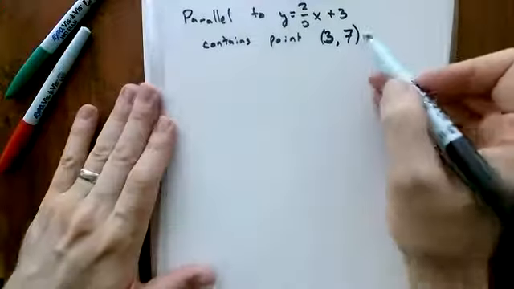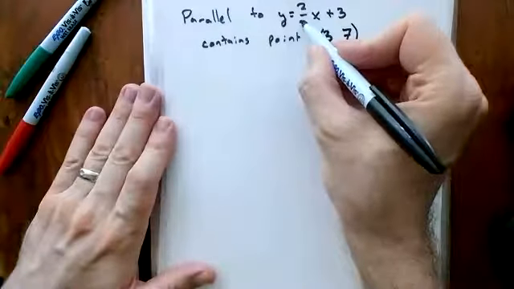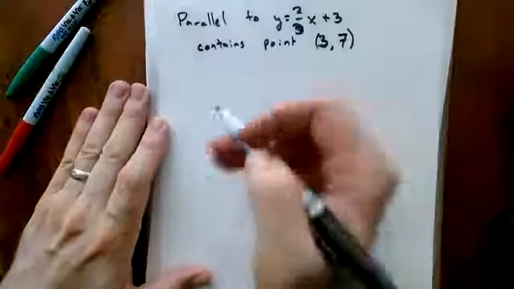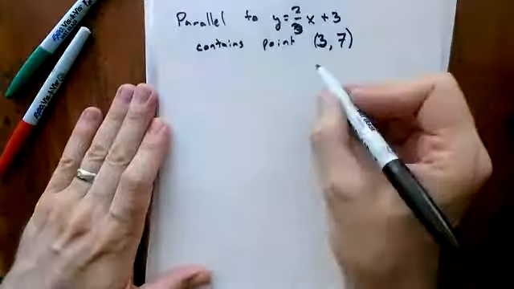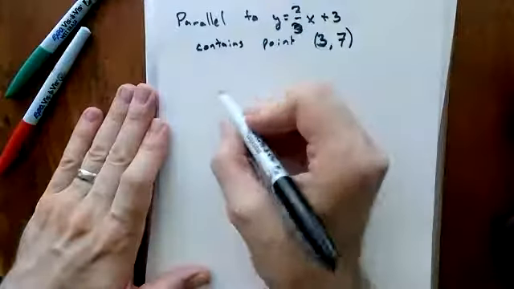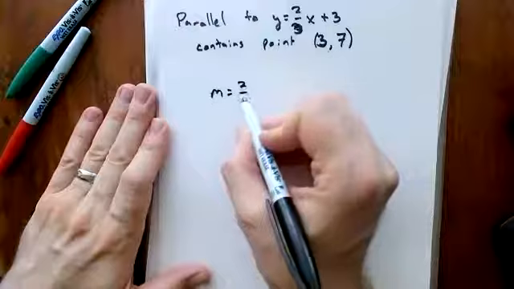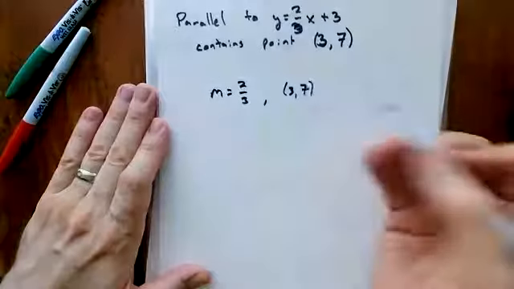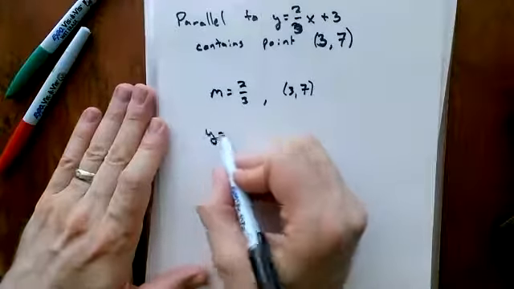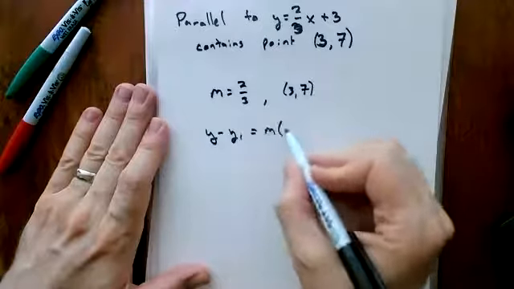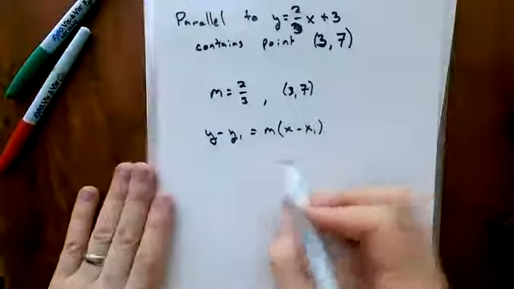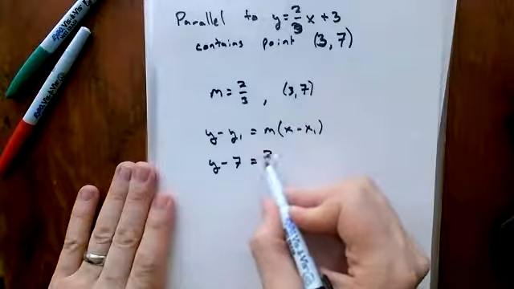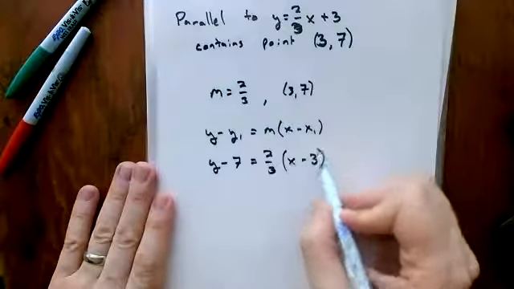I'm not given my y-intercept, so I'm going to need to use the point-slope formula. From here, I can see that my slope is 2/3, and I've got the point 3, 7. All I need to do is plug it in. So I've got y minus y1 is equal to m times x minus x1. Now I'll have y minus 7 is equal to 2/3 times x minus 3.